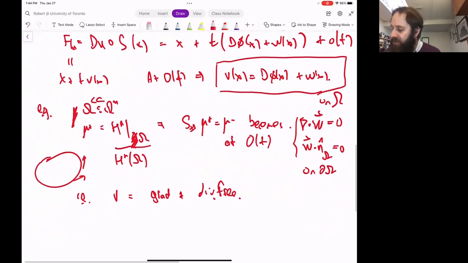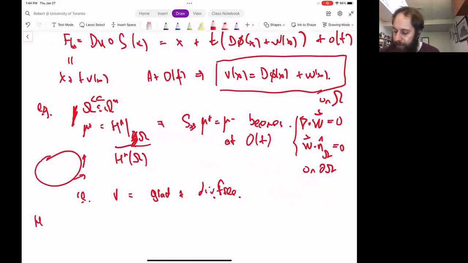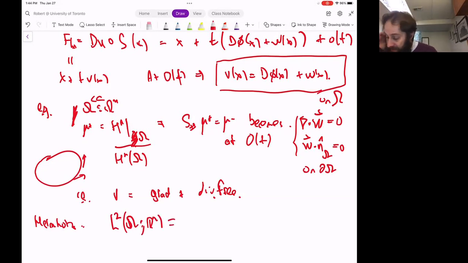And Helmholtz tells you that L2 vector fields on omega decompose in a canonical way, so L2 becomes a direct sum for this decomposition.